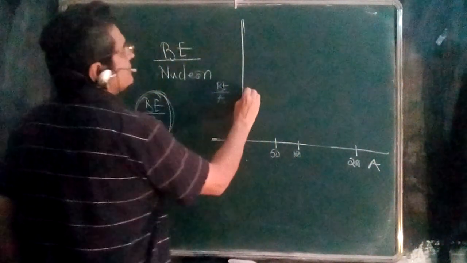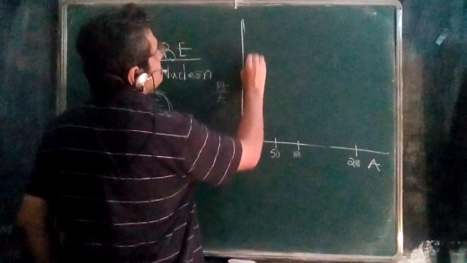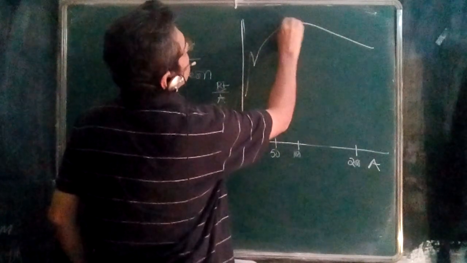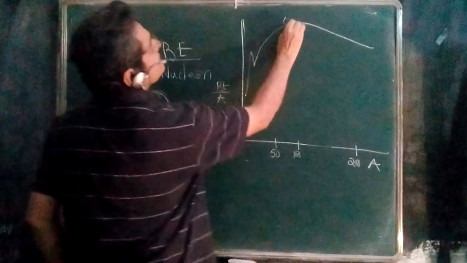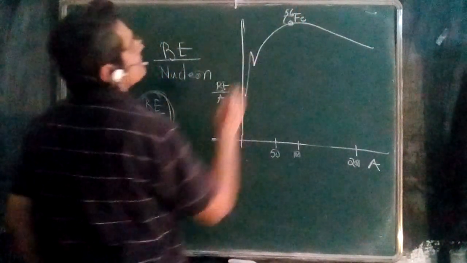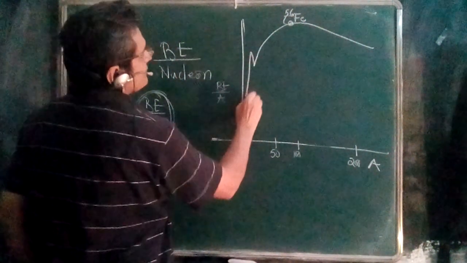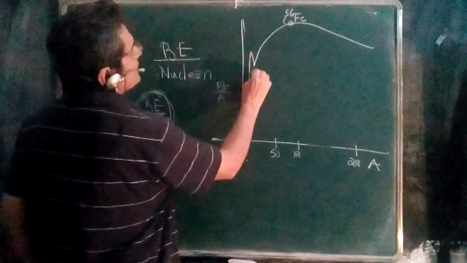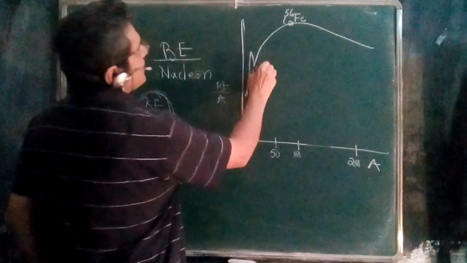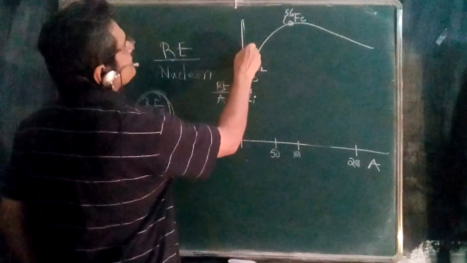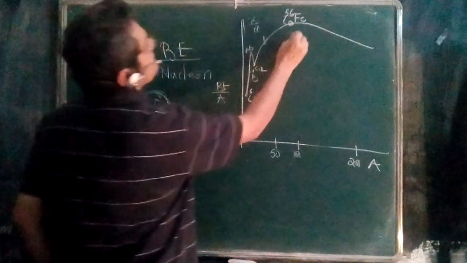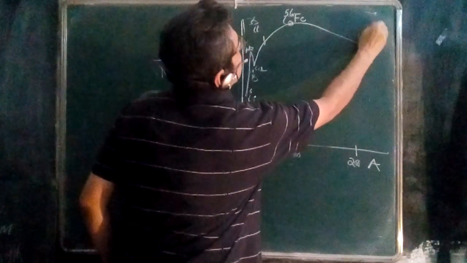Now when I plot, the graph comes like this, and this is the most stable region because the binding energy here is the most, and this is Fe 56. Here you have lithium 6, and somewhere you have B11, C12, sorry, somewhere here helium, and you have chlorine 35, and uranium 238 somewhere here.